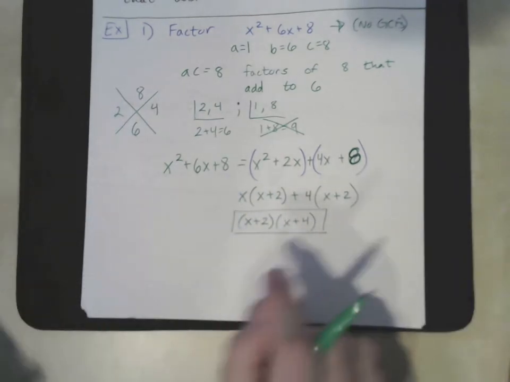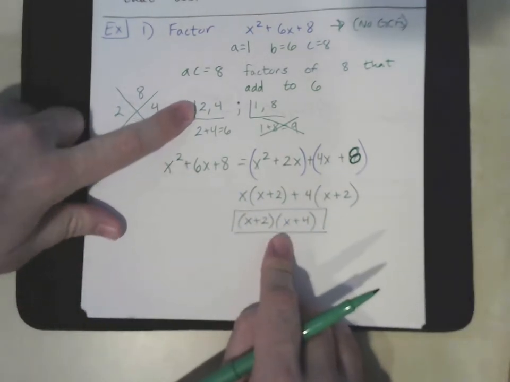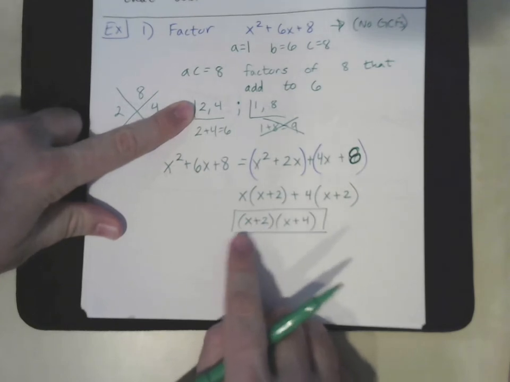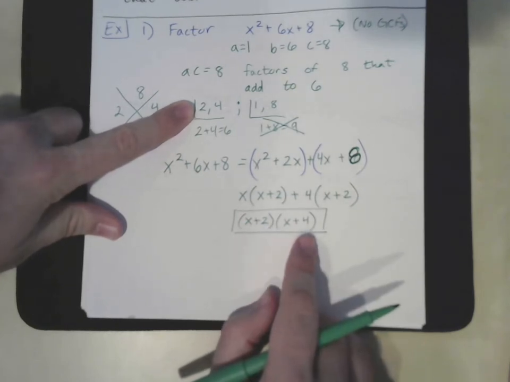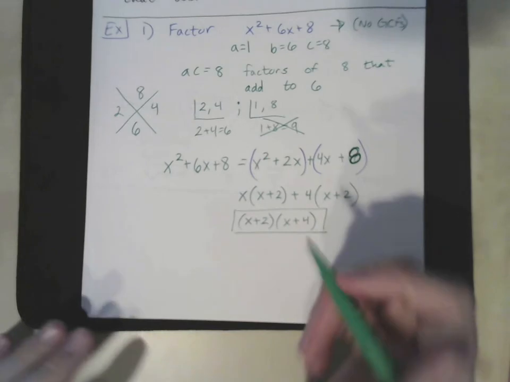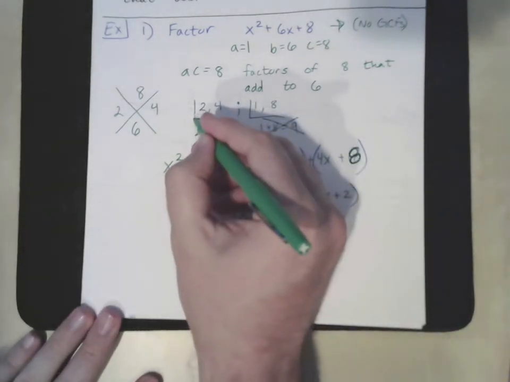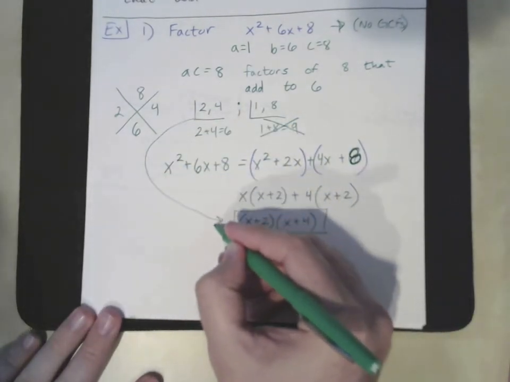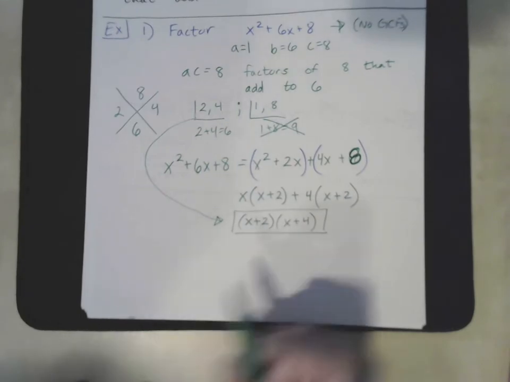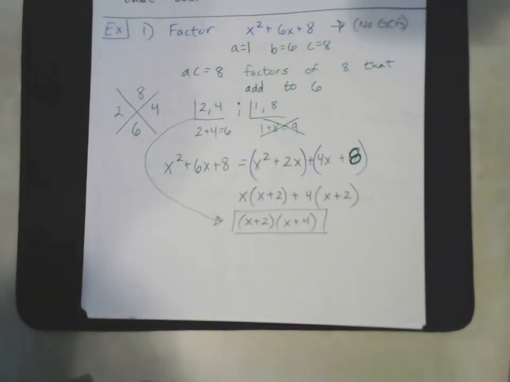Now you may be looking at this and going, well, wait. This is 2 and 4, and the answer was x plus 2 and x plus 4. So there is a shortcut that you can jump from here straight to this. You do x plus whatever your numbers were.